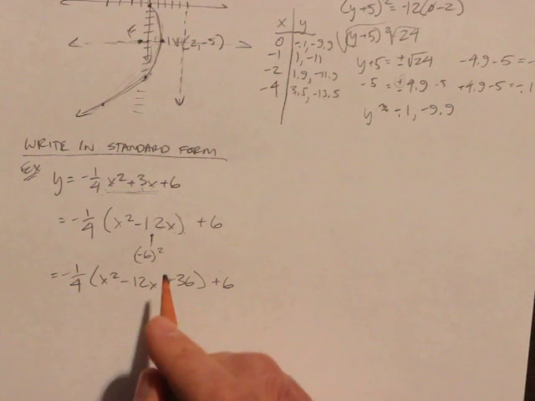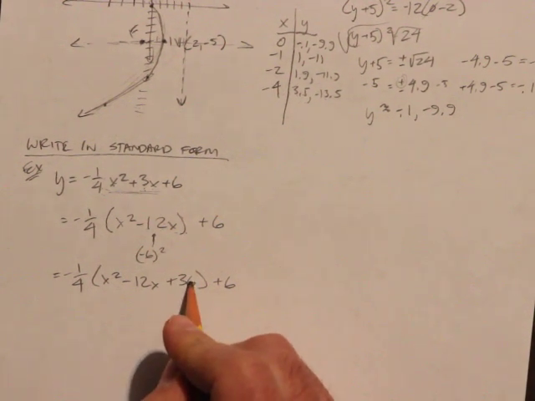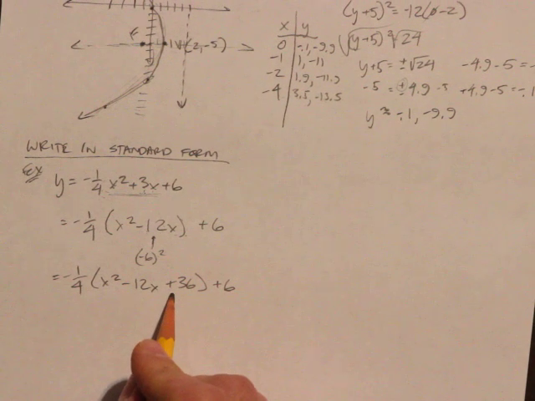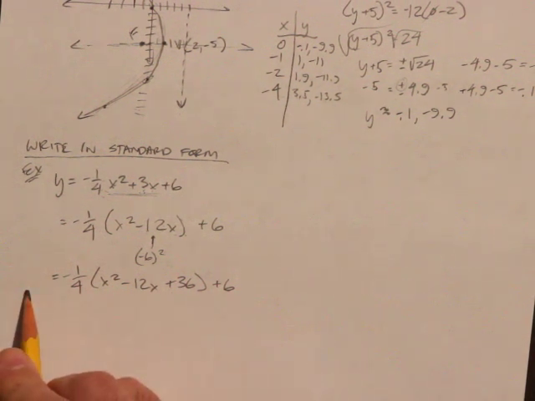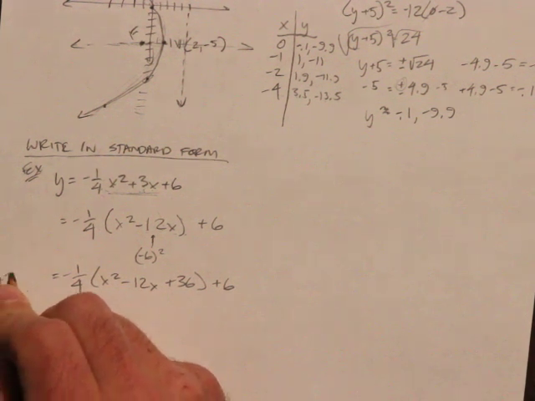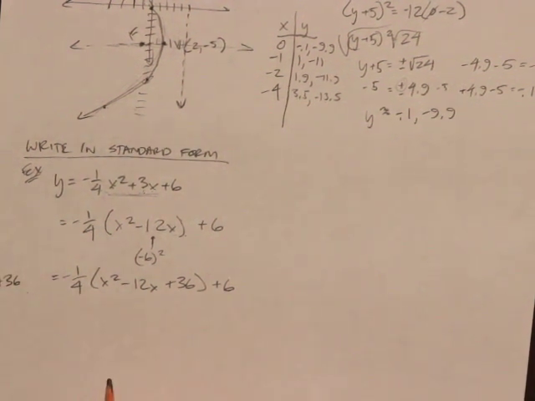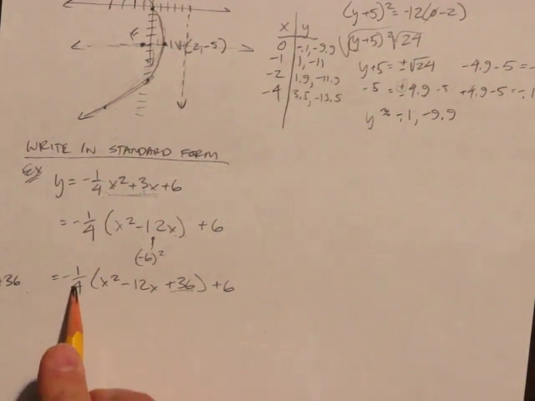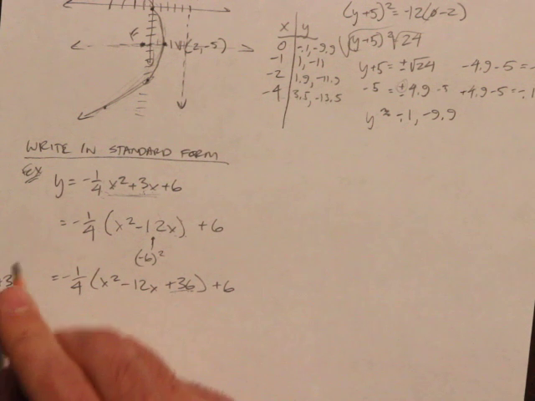Now I've added 36 in here, and in algebra we know that what I do to one side of the equation, I have to do to the other side. And so I need to add 36 over here. But it's not just 36. It's 36 times negative 1/4.